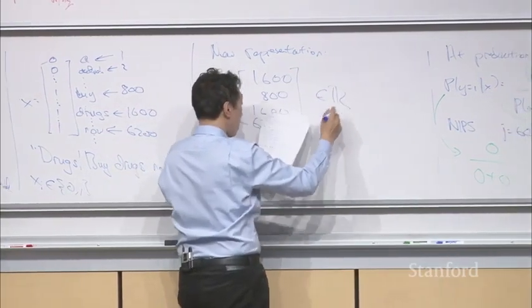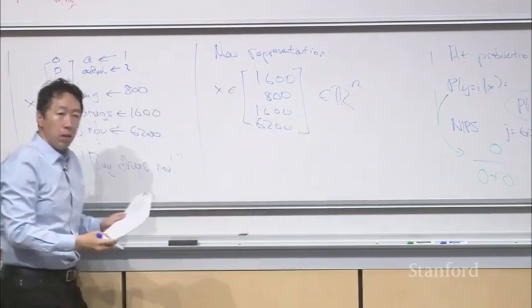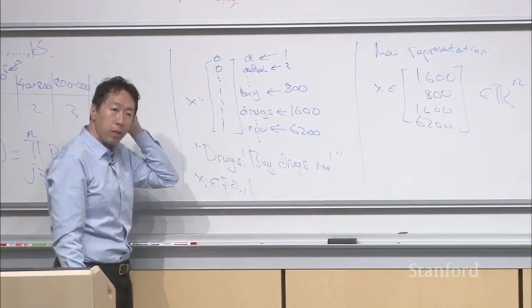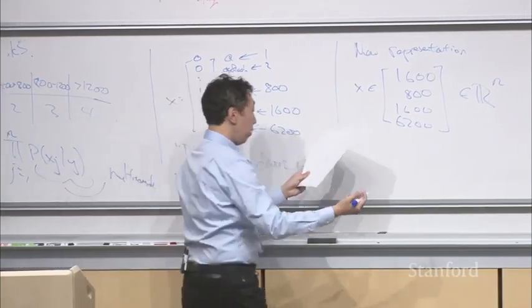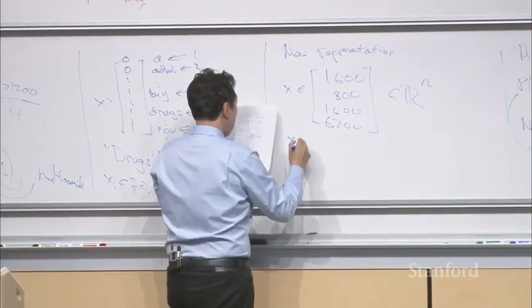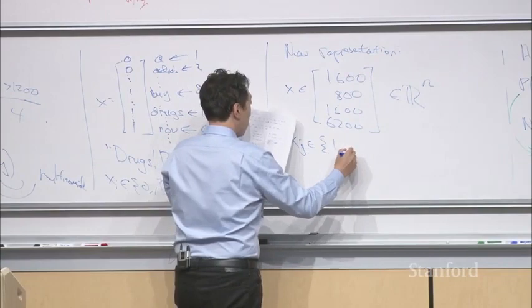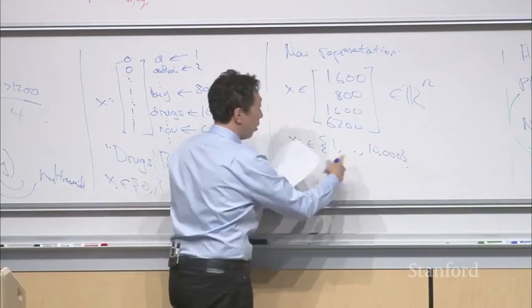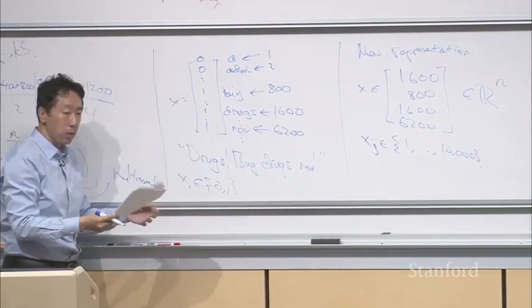Right, and so this is going to be n-dimensional for an email of length n. So rather than a 10,000 dimensional feature vector, we now have a 4-dimensional feature vector, but now xj is an index from 1 to 10,000 instead of just being 0 or 1.